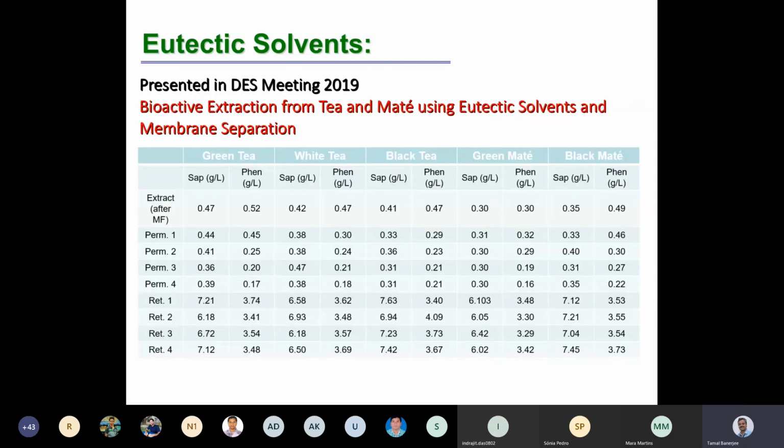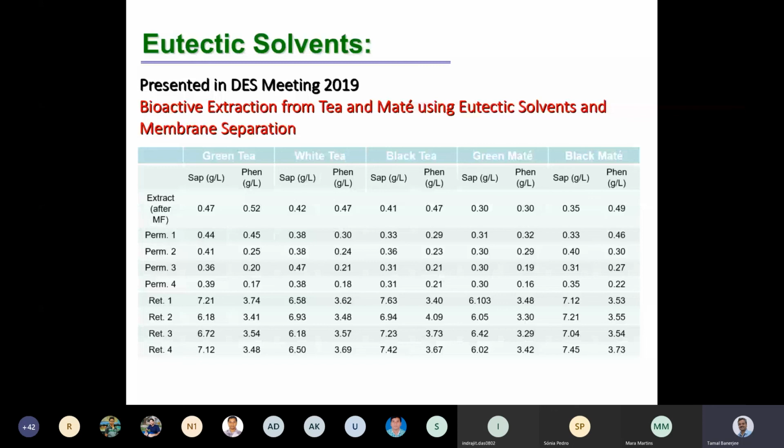Then we have some results indicating that some materials would be retained, but without a very good difference between them, indicating that I don't have the right cutoff to make this separation.